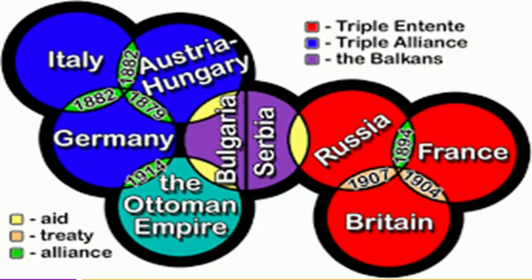Summarizing the alliances: the Triple Entente, the Triple Alliance, and the Balkans. You can see the blue color. The blue color was the Triple Alliance, and the red color, these are the Triple Entente. And this is the time they were formed. You can see the years they were formed.